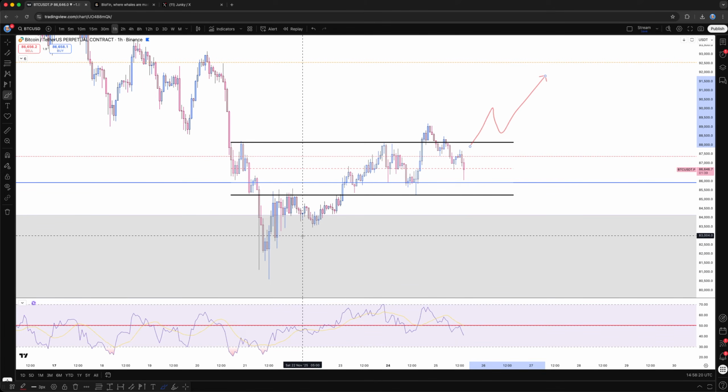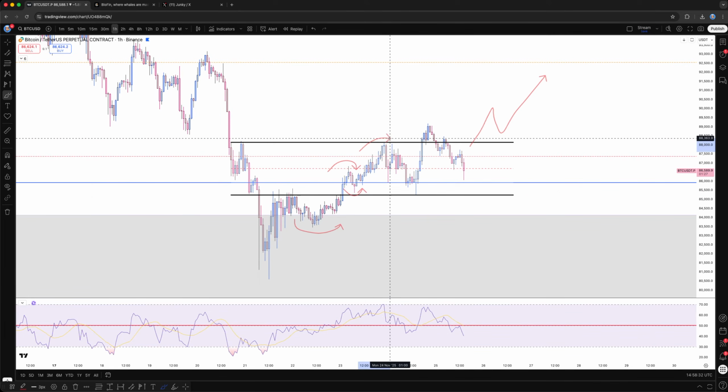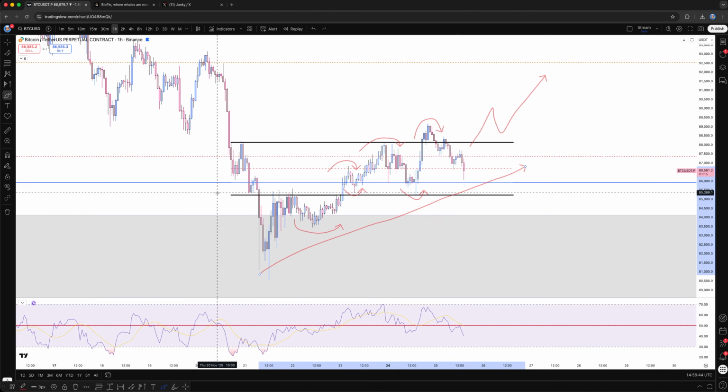I can clearly see, and I can see your question, that here there is, yes, a range, but there is also a clear 1 hour uptrend. So this uptrend is very visible, and is definitely dominant here on this chart.